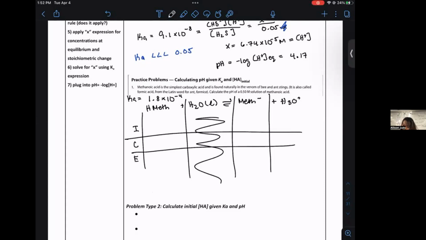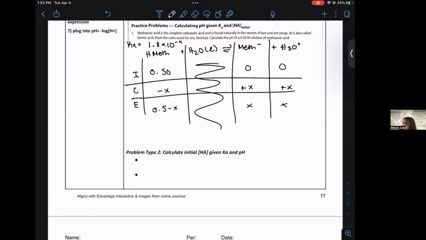Okay, so for this one, you have meth 0.50 initial, 0 for plain meth and H3O plus. Negative x, plus x change stoichiometrically 1-to-1 because it's a monoprotic methanoic acid. And then you get 0.5 minus x, x, and x. Okay, so then you do the same thing here.